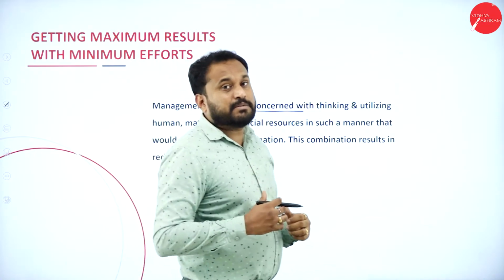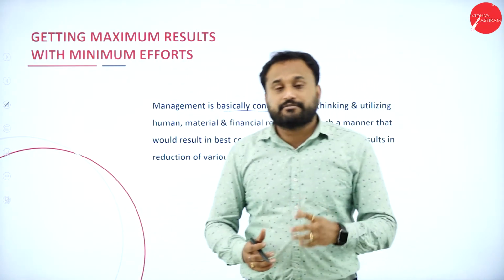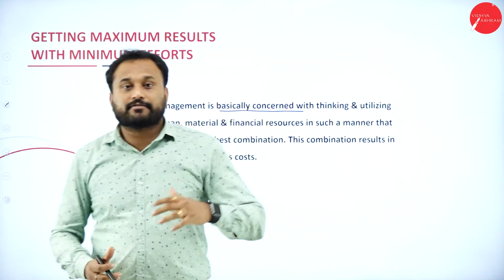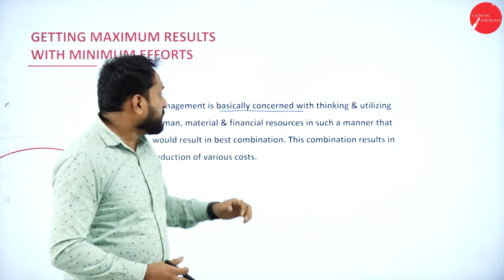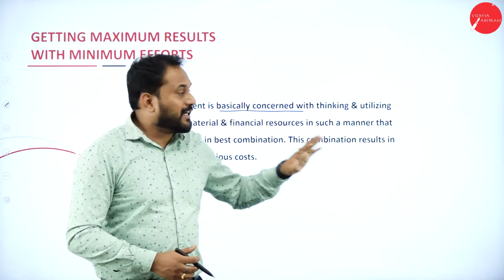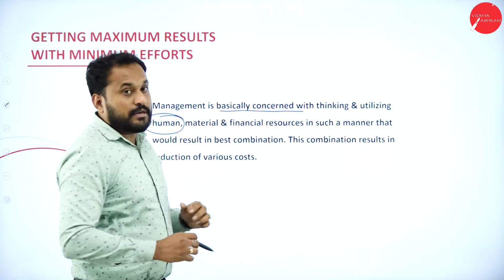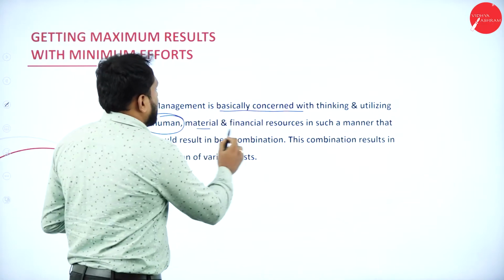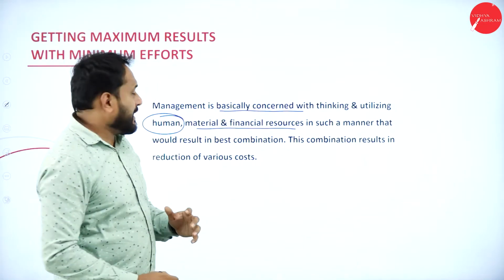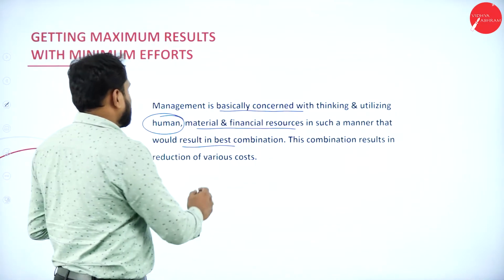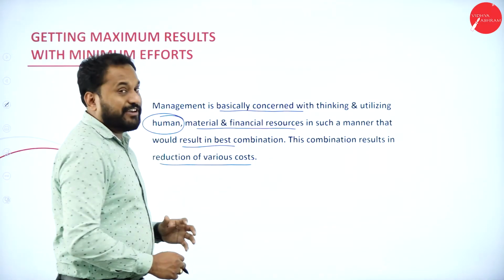So maximum results you can give only when you have the potentiality to reach that pinnacle of excelling at the work. So management is basically concerned with thinking and utilizing human, material and financial resources in such a manner that would result in the best combination. This combination results in reduction of various costs.